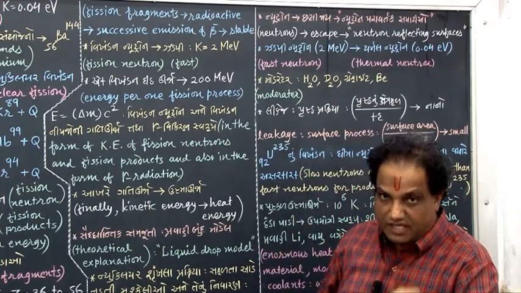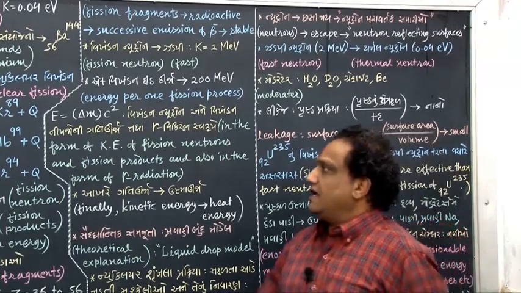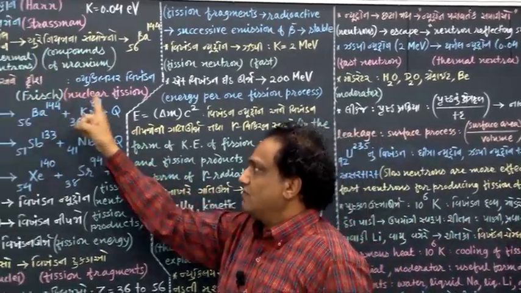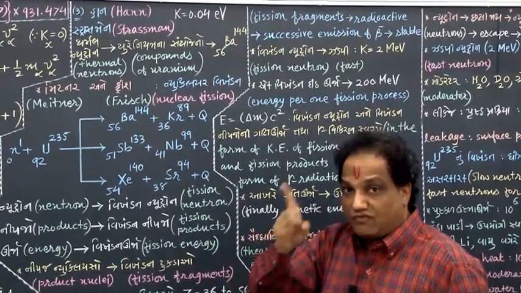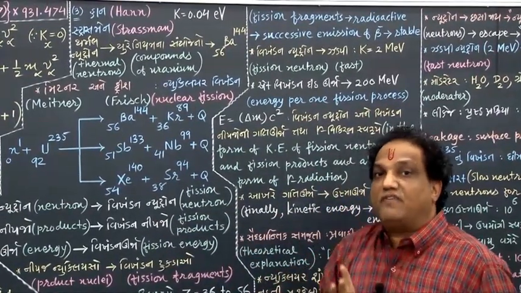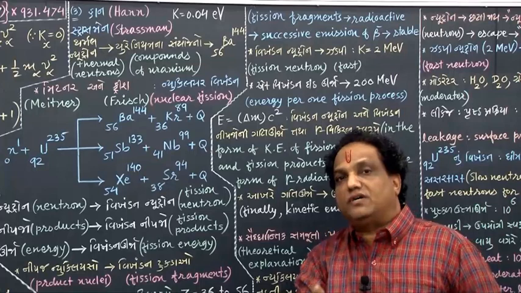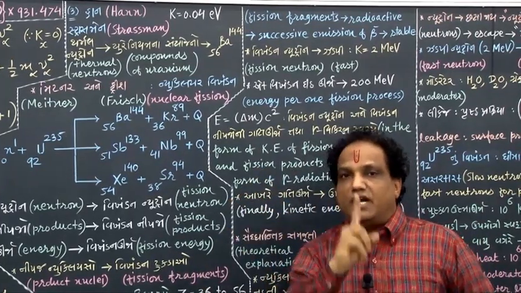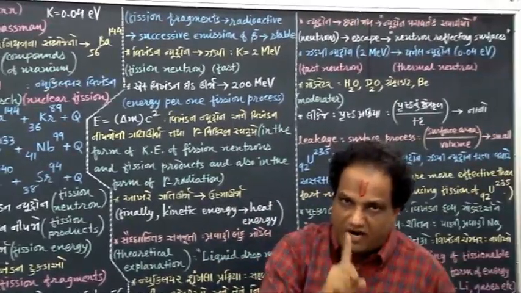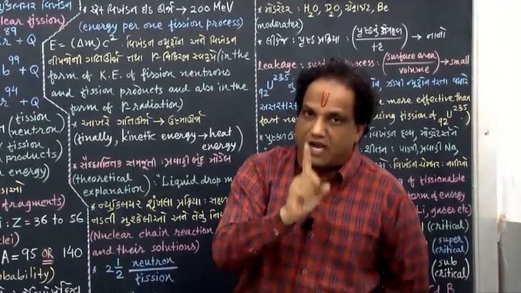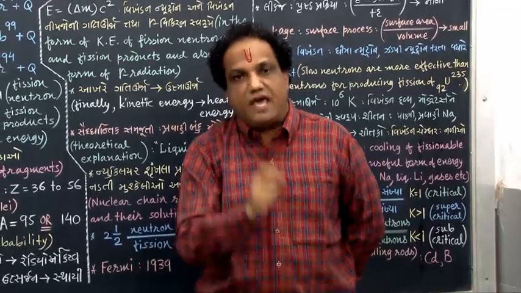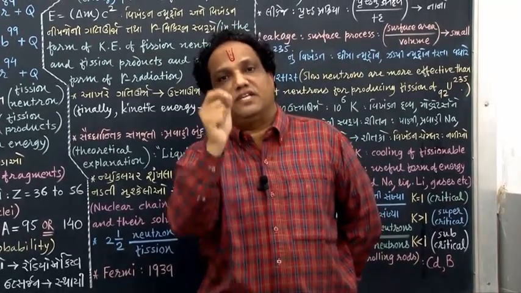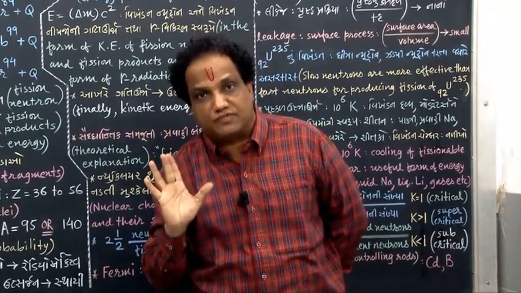We get this energy in the form of kinetic energy of fission products, kinetic energy of neutrons, and in the form of energy associated with emitted gamma radiation. So the liberated energy is in the form of kinetic energy of neutrons, kinetic energy of fission products, and energy associated with gamma radiation.